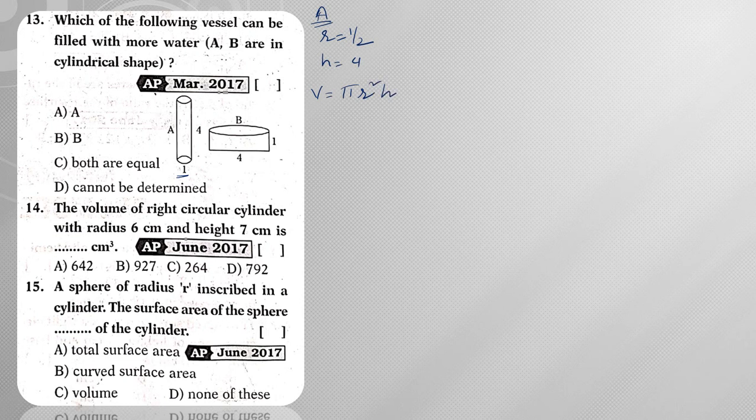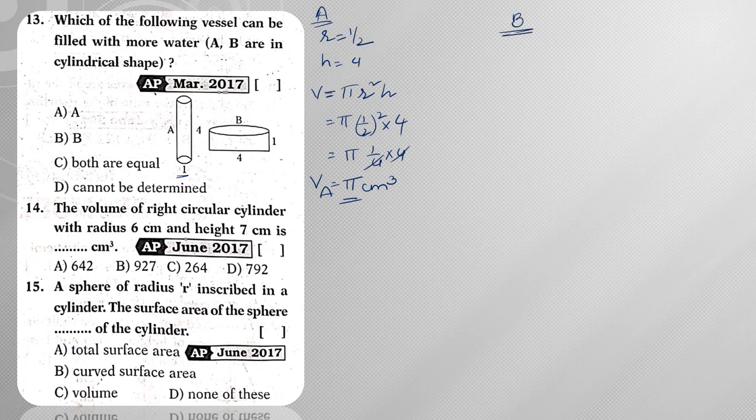This volume depends on the value of radius and height. So the radius is 1 by 2, whole square, into h which is 4 centimeters. So pi into 1 by 4 into 4. The 4 gets cancelled. Hence the volume of A is pi centimeter cube, or unit cube, right?